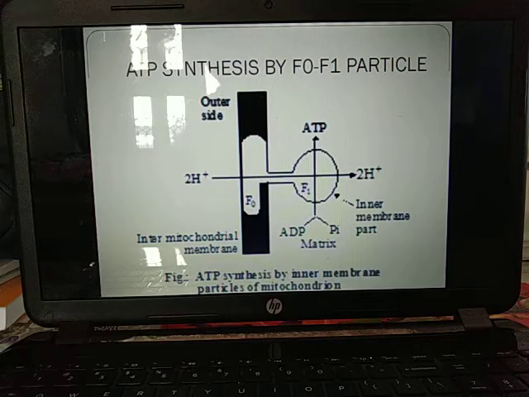Increased proton concentration is produced in the outer chamber or the outer surface of the inner mitochondrial membrane. This is done by pushing of the protons with the help of energy liberated by the passage of electrons from one carrier to another.